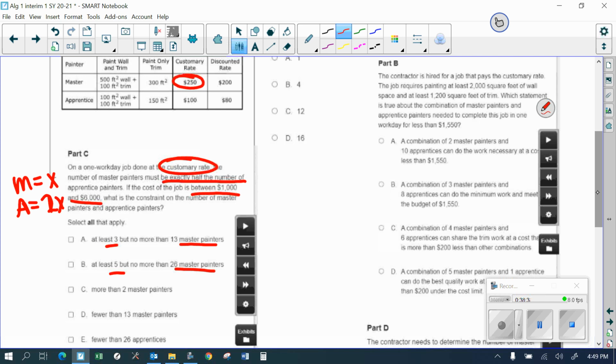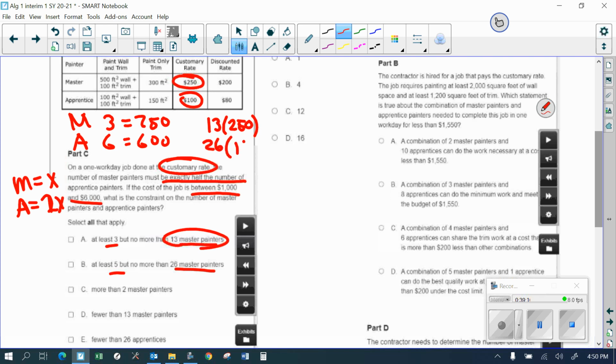If I go 3 master painters, that is $750. Now, if I do 3, that means there has to be 6 apprentices, and 6 apprentices is 600. So that's 1,350 right there, which is more than 1,000. So that is true. But no more than 13 master painters. Now, if I say you have to have 13 master painters, 13 times 250, that means I have to have 26 times 100. So let's pull up the graphing calculator here.